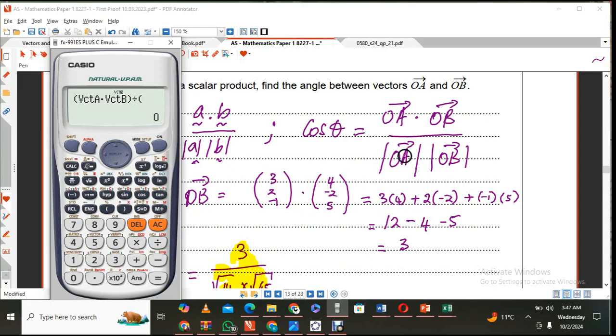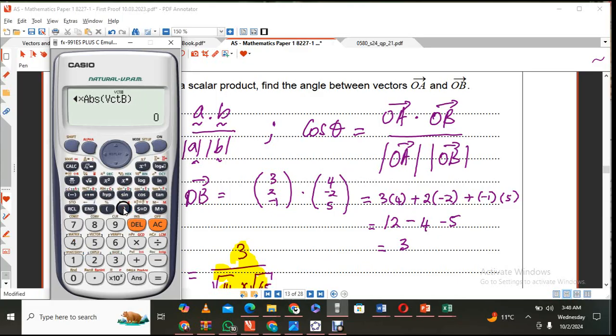Now we're going to look for the magnitude of vector A, and you must press shift, the ABS button, for the magnitude, and we want vector A, so shift again, we go look for vector A, which is represented by 3 over here. So that calculates the magnitude of vector A, and that should be multiplied by the magnitude of vector B. So shift ABS, and then shift, go back for vector B, which is represented by 4.